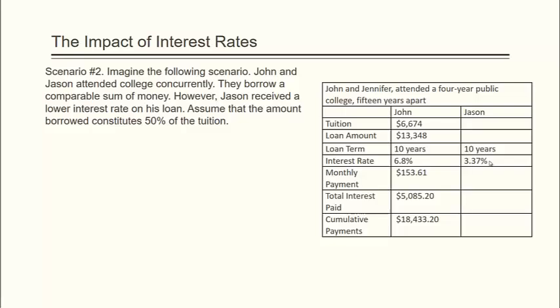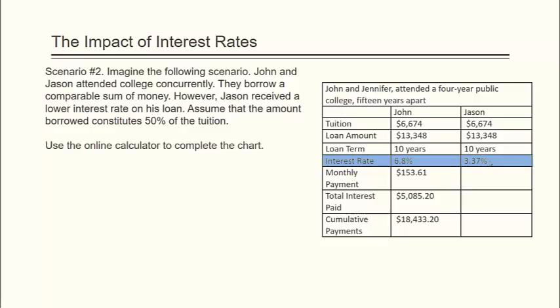Okay, so we get to use all of our same information from John that we had from scenario 1. Since Jason and John attend college at the same time, then they will pay the same amount in tuition. And since they both borrow 50%, then they have the same loan amount as well. So the only difference between Jason and John is that interest rate.